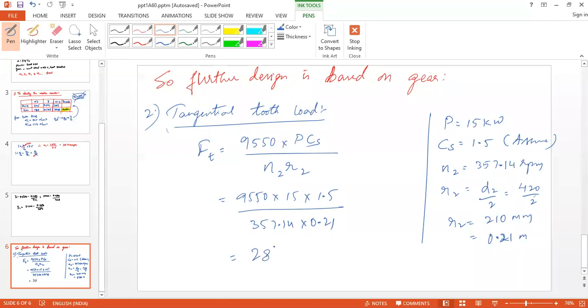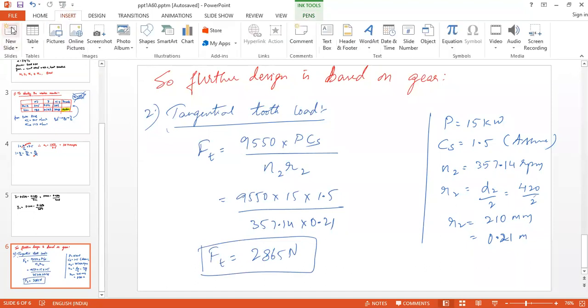It is 2865 Newton. So this is the actual tangential tooth load.